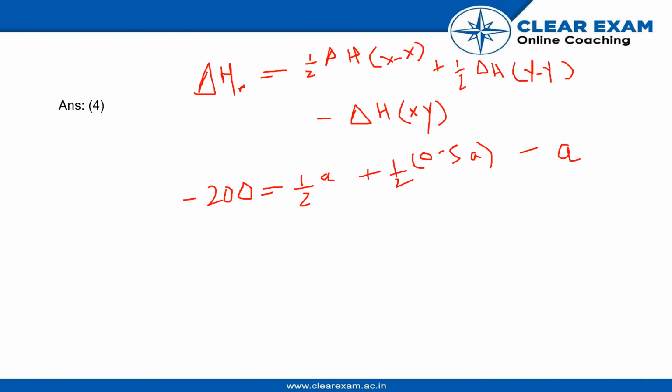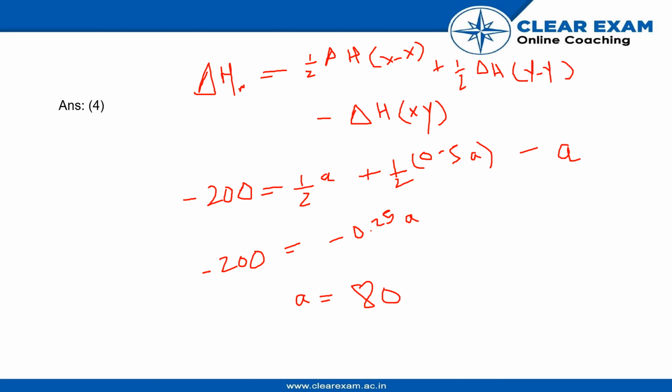So by solving we get minus 200 is equals to minus 0.25 A. So A comes out to be 800.